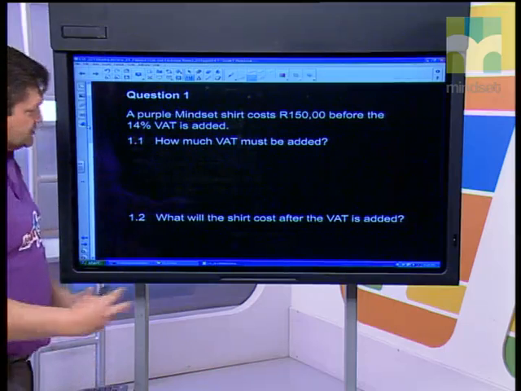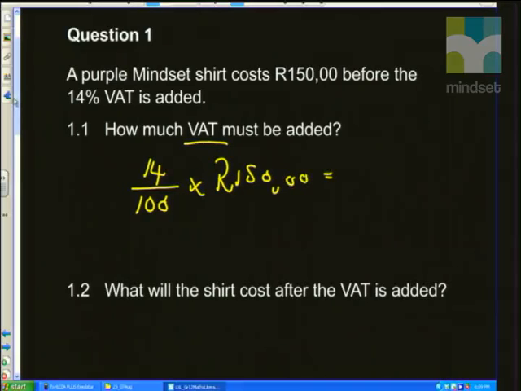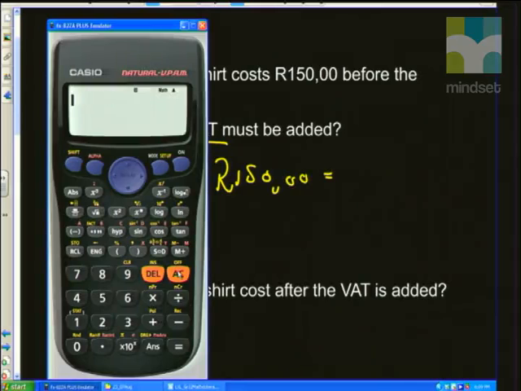Let's go. So here's this purple shirt, 14%. How much is the VAT going to cost me on this? Well, it's quite simple, isn't it? All we're going to do is find 14% of 150 Rand. We did one like this last week, so I don't want to spend too much time on it. We're going to say, 150 Rand times 14%.